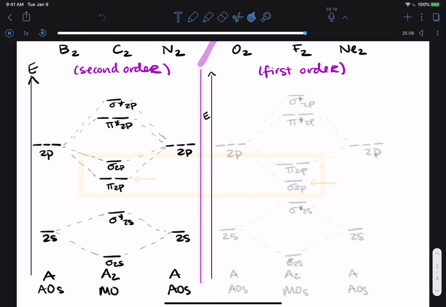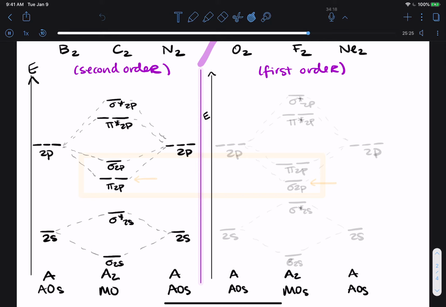All right, a first order diagram. Let's get my energy scale on here. I'm going to write my E in there really tiny. I planned my space very poorly, but that's all right. I'm still going to have my A atomic orbitals, my A2 molecular orbitals, my A atomic orbitals.